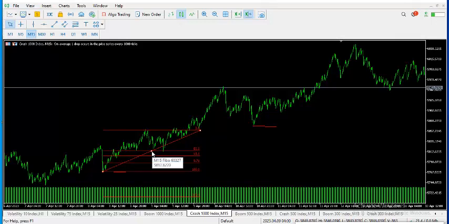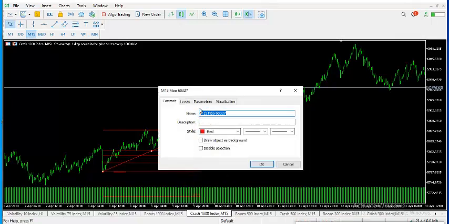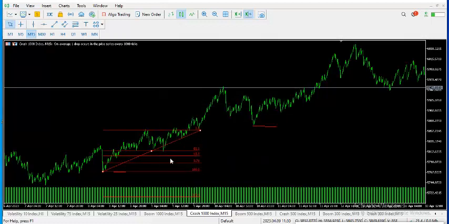I have erased some things there, and of course I have the levels I'm using. I have 50, 61.8, and also 0.79. Those are the levels I'm using. So you might want to change yours to that, or you might just include the 0.79 level there.